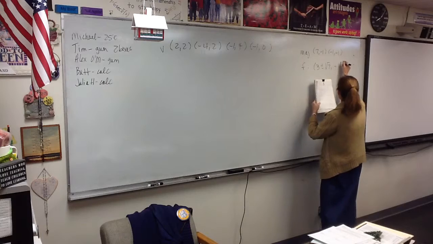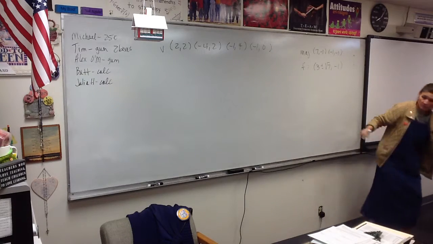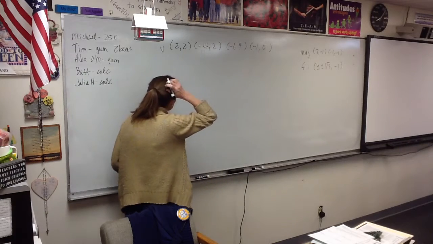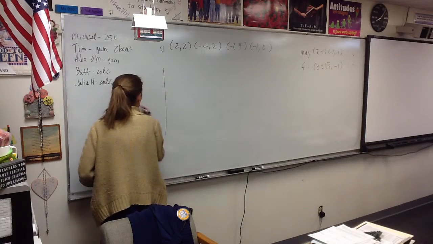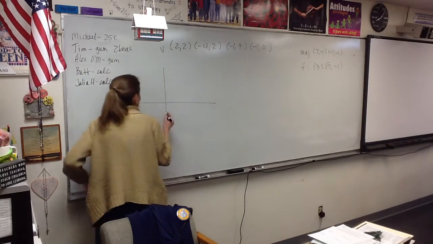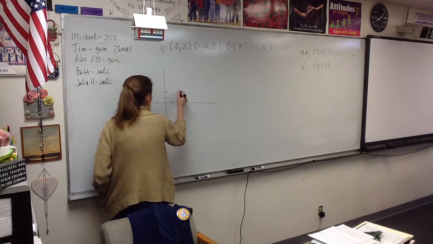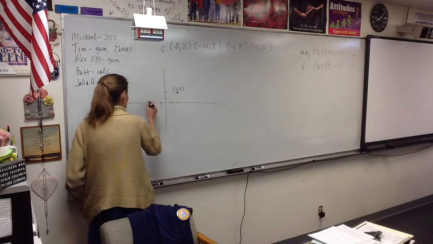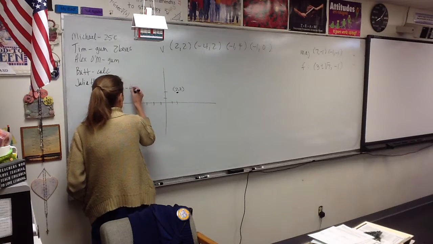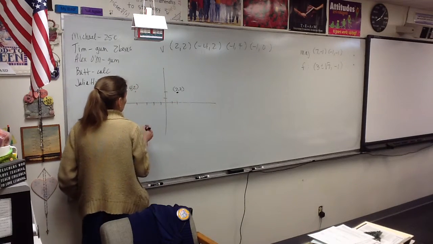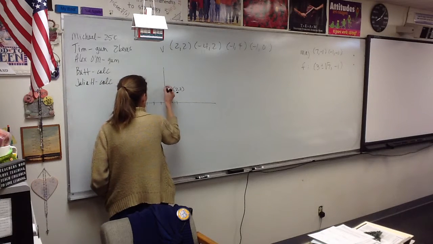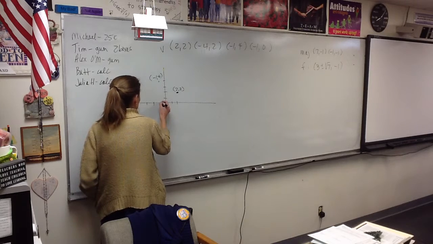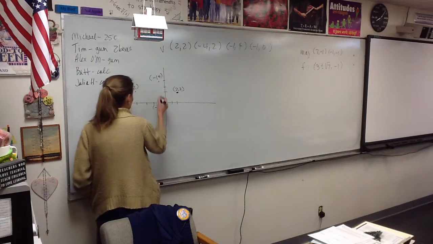This is another problem. I'm just going to put another one up there. This is our first problem right here. We're going to write the equation of the ellipse given those vertices. Well, you know I like to draw everything, so I'm going to draw a picture of this.